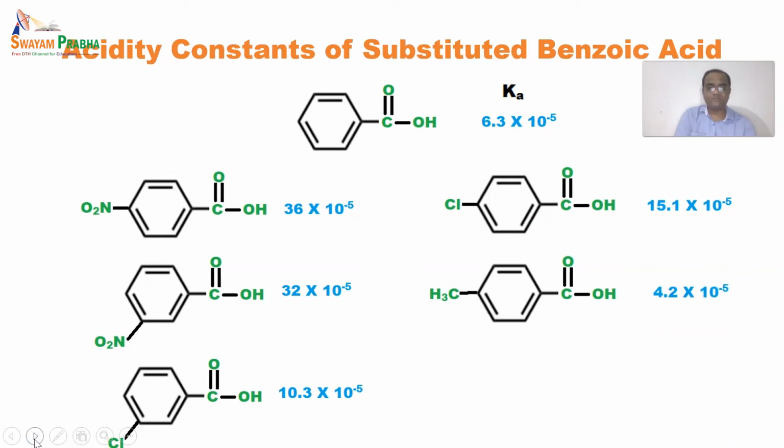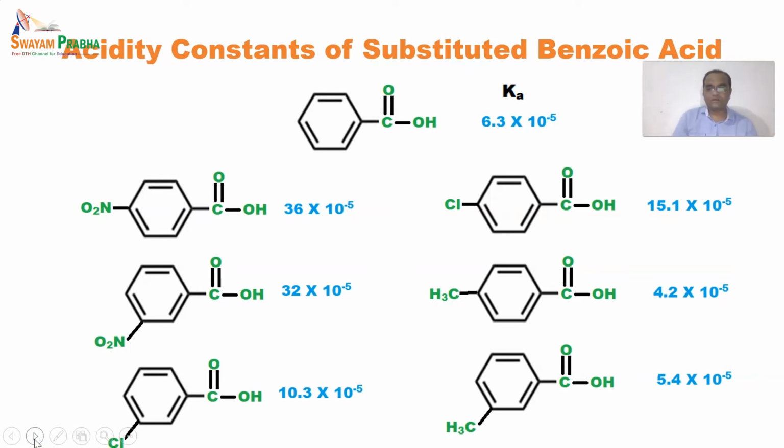After that, for an electron releasing group, that is methyl, it is 4.2 × 10^-5, and for the meta position it is 5.4 × 10^-5.